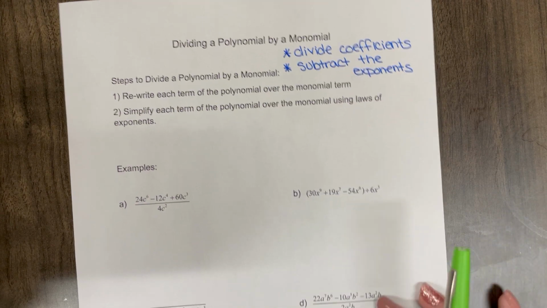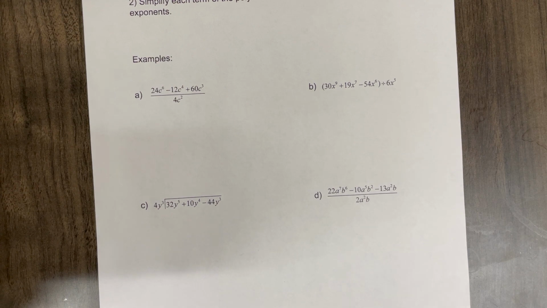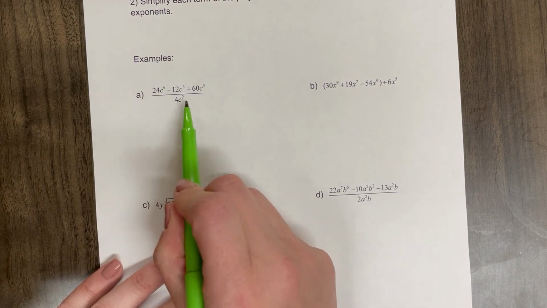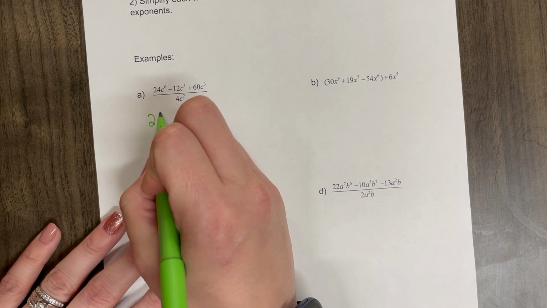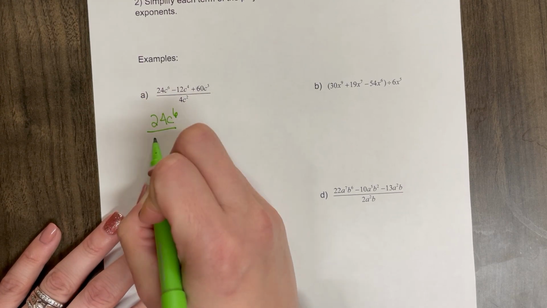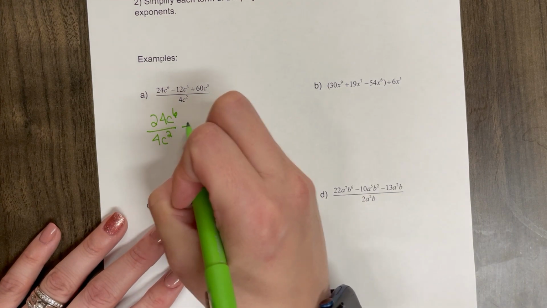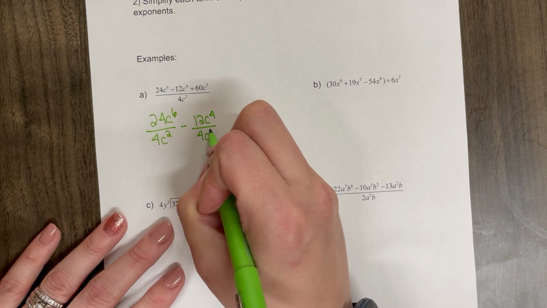If we look at example A, what we want to do is take each term of the polynomial and divide it by the monomial individually. So I want to take 24c to the 6th and divide it by 4c squared. Minus 12c to the 4th, and I will also divide it by 4c squared.